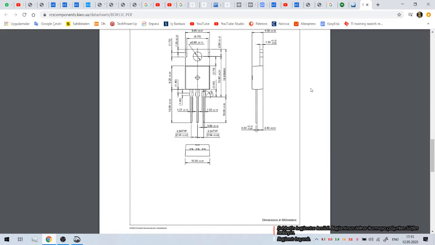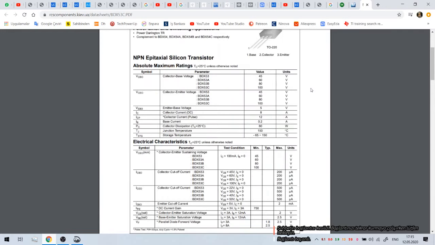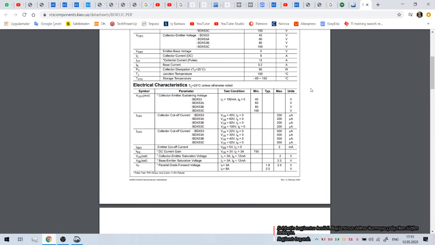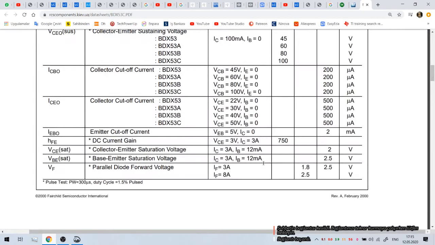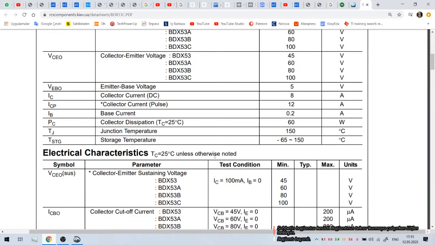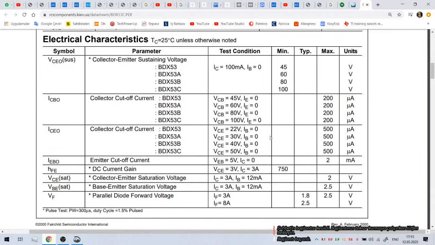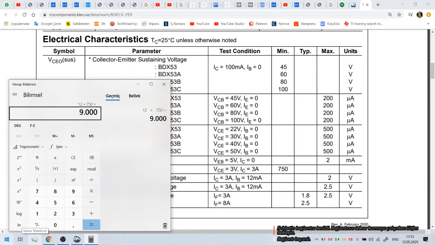Power rating. No. It says also IC is equal to 3 amp, not 8 amp. On 3 amp, IB equals 12 amp, maximum 2.5 volt. It must give us 9 amp, not 3 amp.